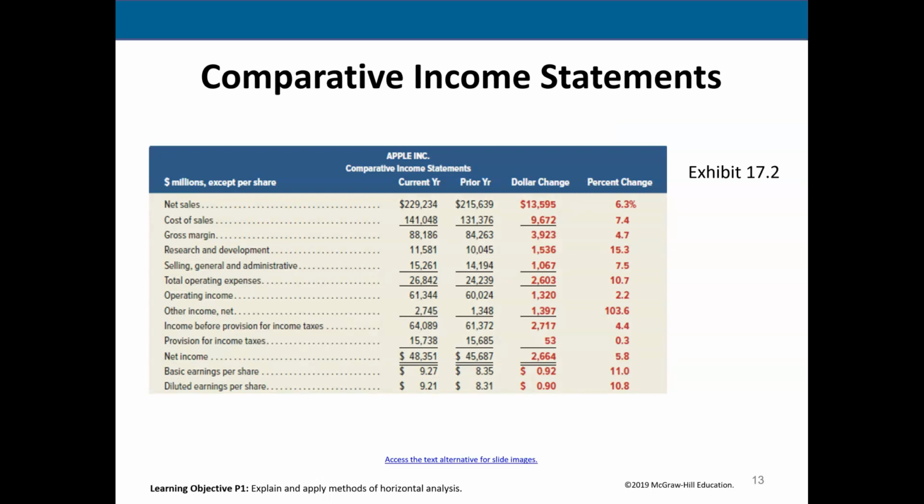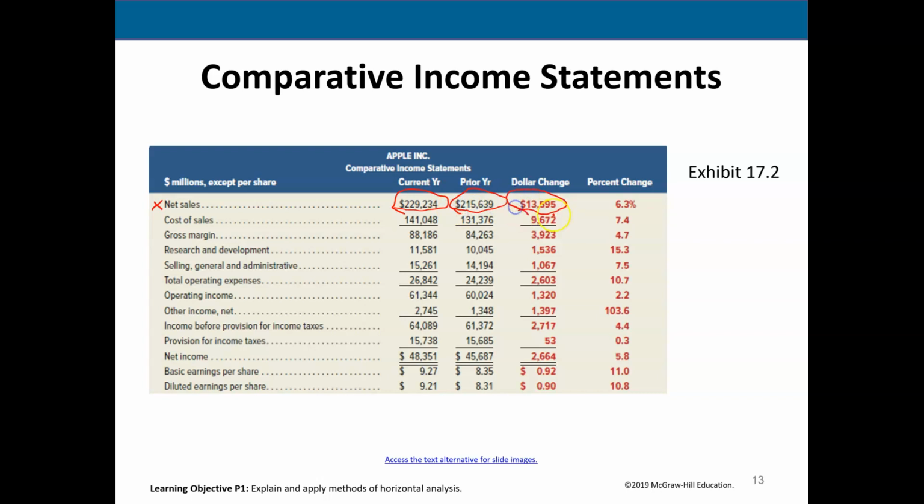Okay, now we're going to do the same thing, but this time we do an income statement. And I would like to look at the net sales. Okay, so we're going to look at net sales. The current year is 229,234. The prior year is $215,639.